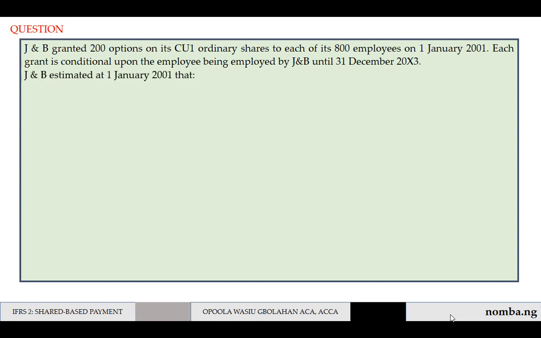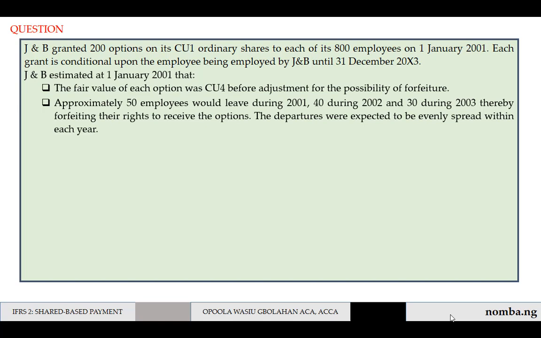J and B estimated at 1st January 2001 that the fair value of each option was 4 currency units before adjustment for the possibility of forfeiture. And approximately 50 employees would leave during 2001, 40 during 2002, and 30 during 2003, thereby forfeiting their right to receive the options.